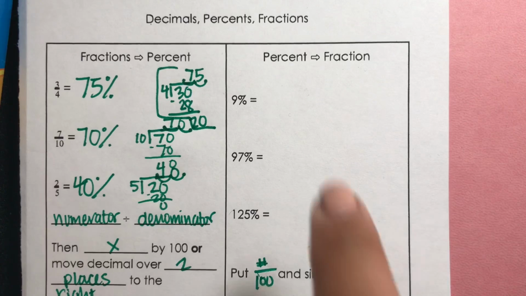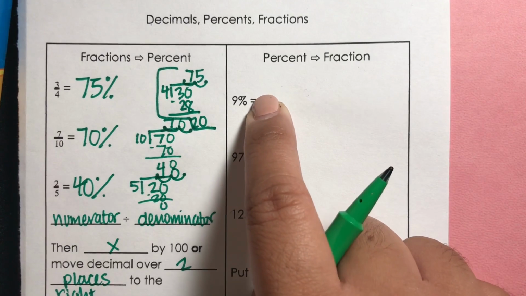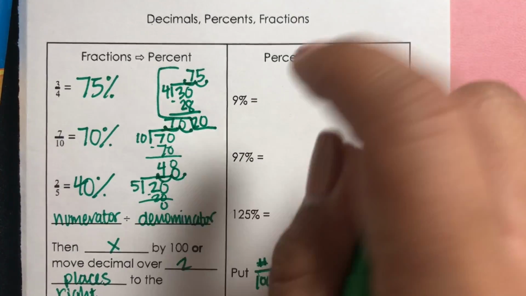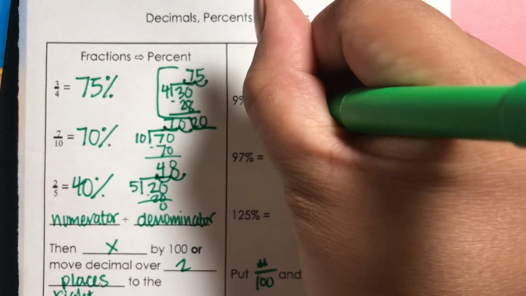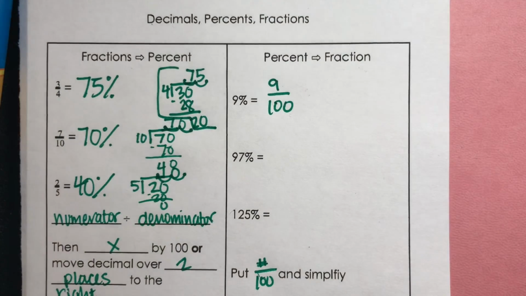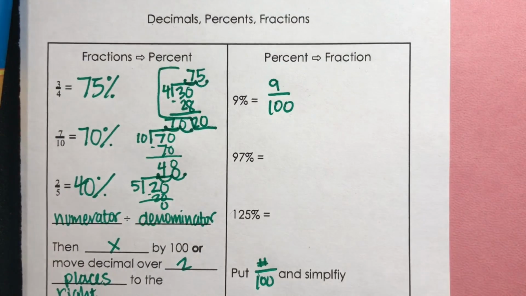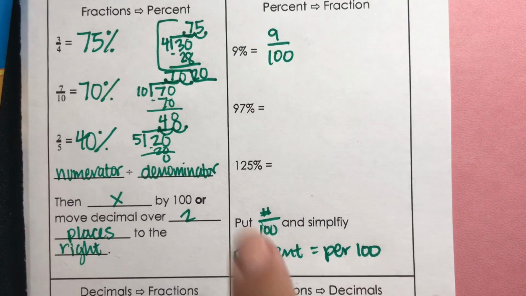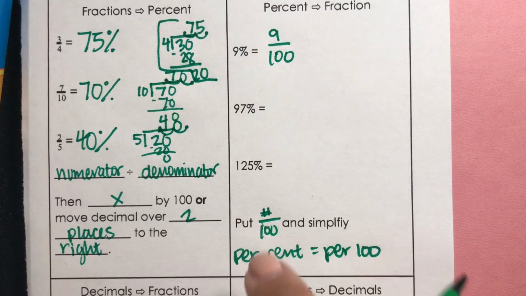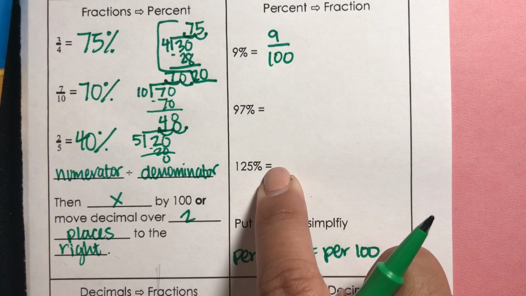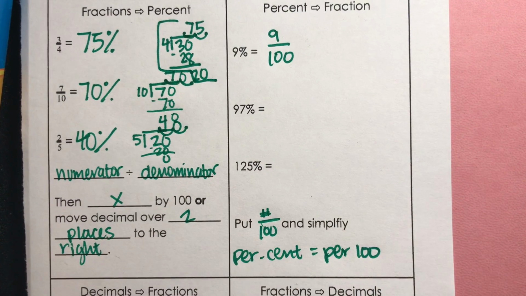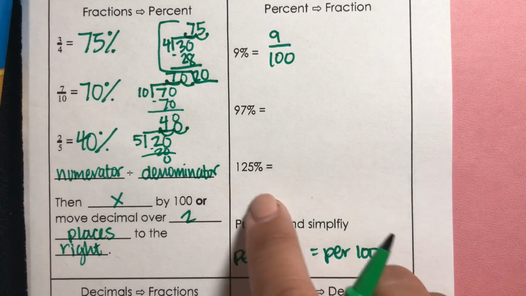Okay, so for 9%, all you need to do is put the number over 100. And that's your fraction. It cannot be simplified, so we just leave it at 9/100ths. Now for this one, I'm going to go over it with you because some of you might think this is a trick question. We have 125%, which means there's 100% already in there. So that means we already have one whole in there. So let's use the same method.